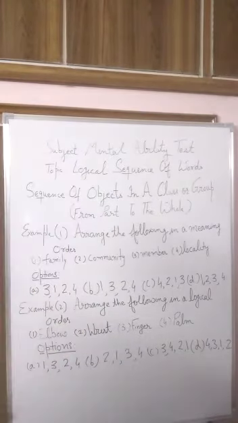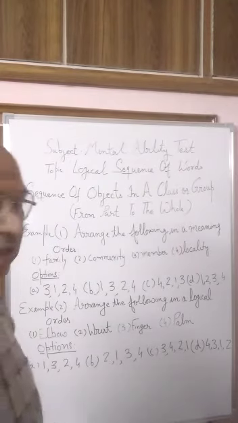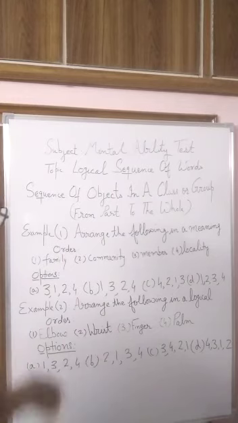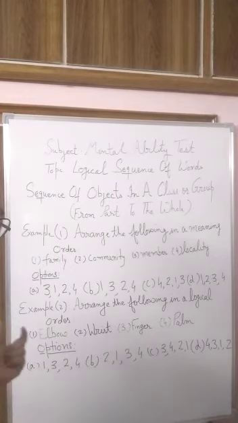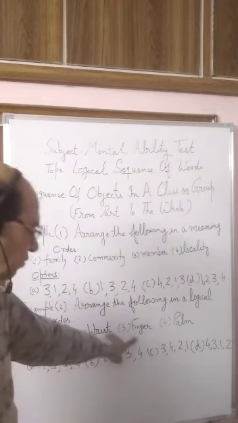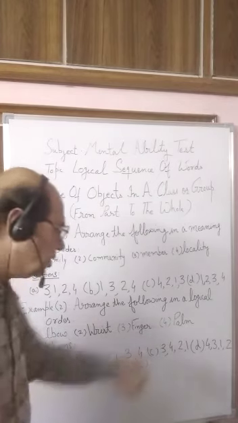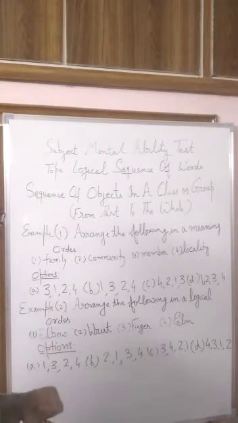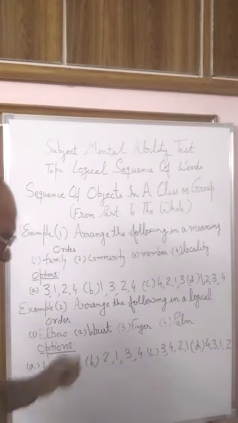Now we come to example number two: arrange the following in a logical order. Four words are elbow, wrist, finger, palm. Now these are the parts of our body system. Smallest one is finger.